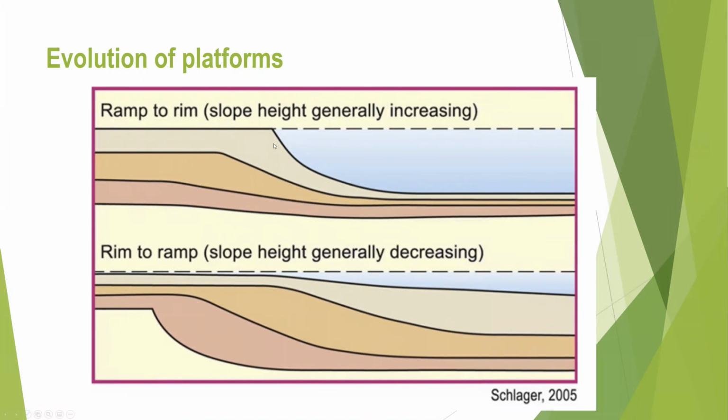Because of that, right now we have the rim instead of the ramp, we have a rimmed shelf. And also in this system, at first we have the rimmed shelf, but because of the slowly falling sea level, after that this rimmed shelf platform actually changed to a ramp system.